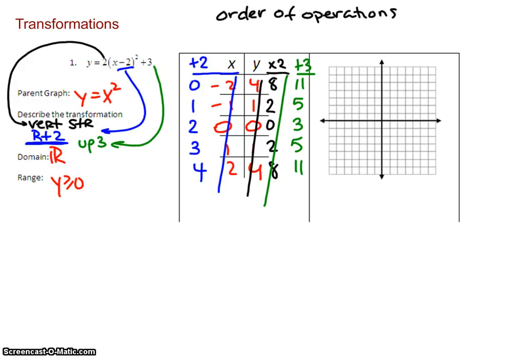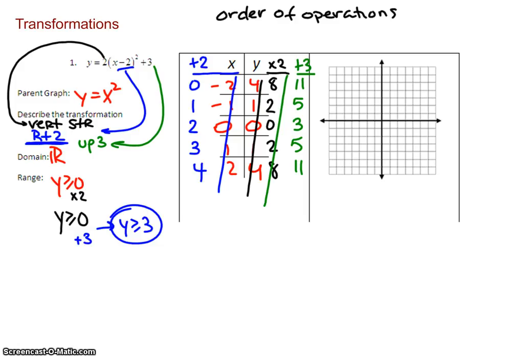All right, now same thing with my range. What I'm going to need to do is first multiply, didn't change it, and then add my 3. Like I said, if it's all reals to start with in my domain, it's going to stay all real. So we're good with that one.